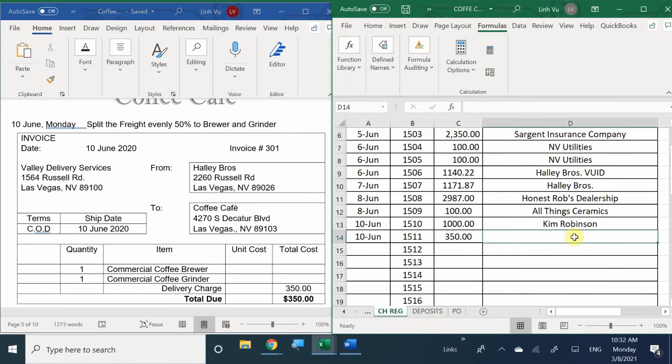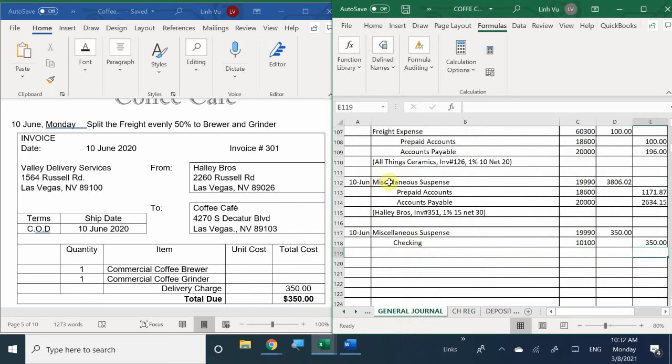Valley Delivery Services, yes. Good. So now that I have my check written, I'm going to go ahead and place the information here.